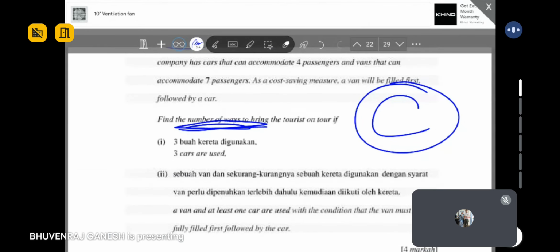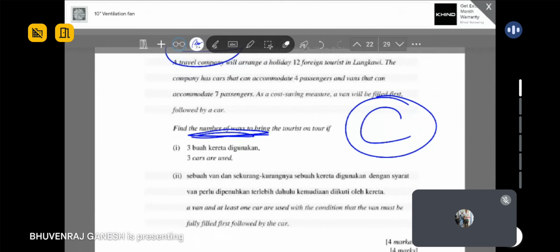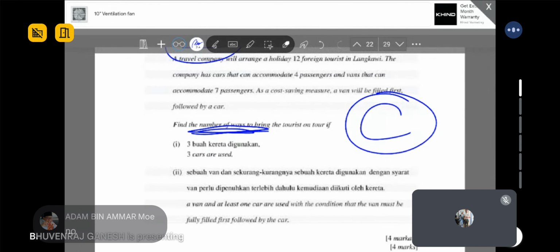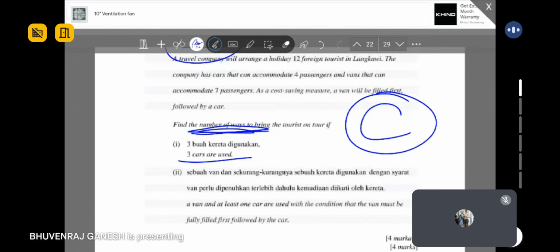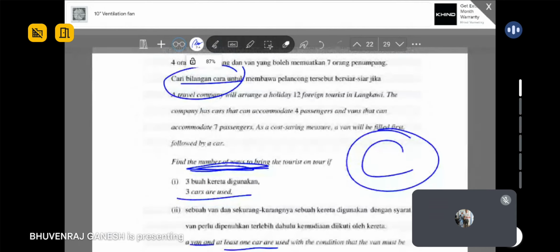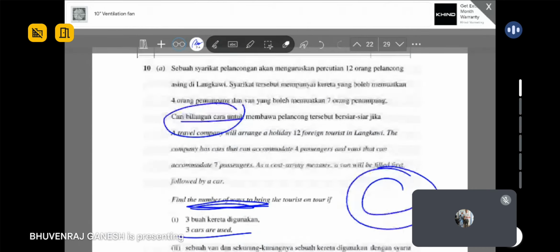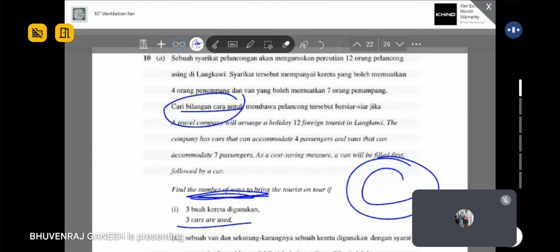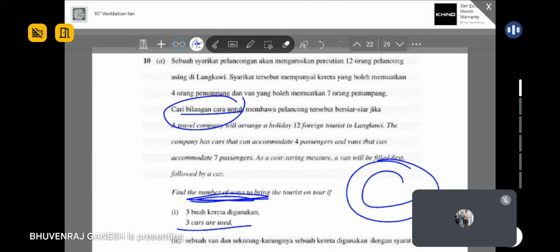Is the arrangement important? Adakah susunan dia penting? If you see the question, they say 3 cars are used. And then what else? When? At least 1 car. No, right? Okay, the order is not important. Susunan dia tak penting soalan ni. So that's why the answer is combination, gabungan. Okay? Are you clear, guys?